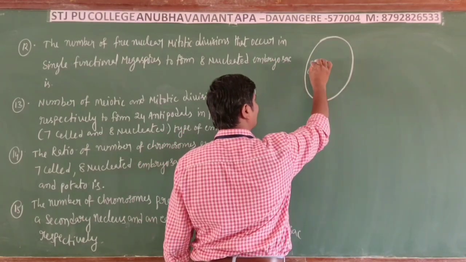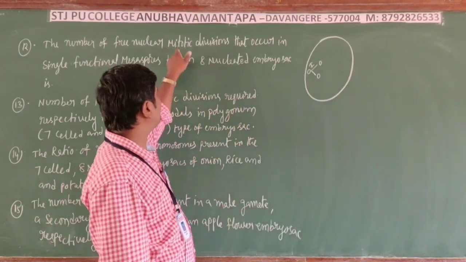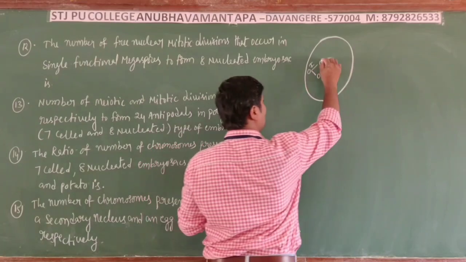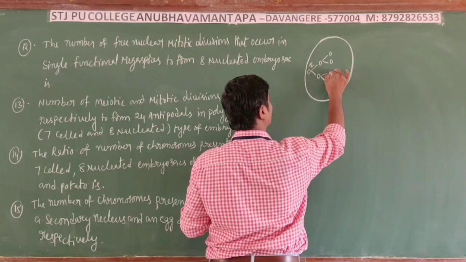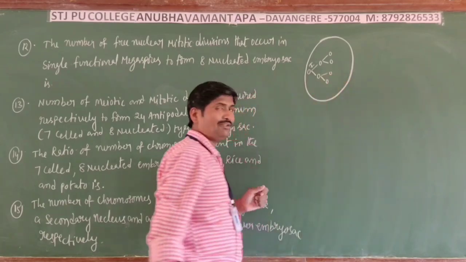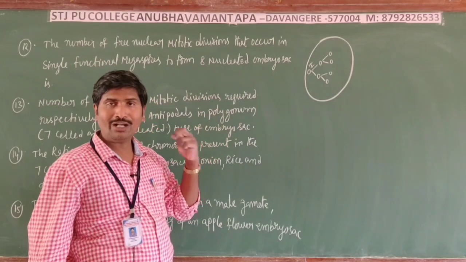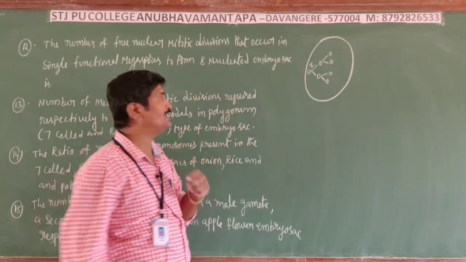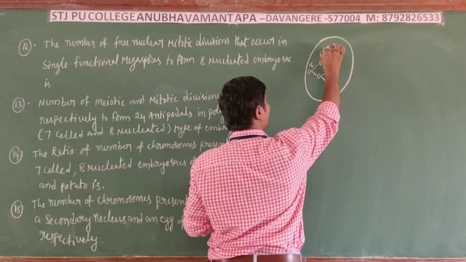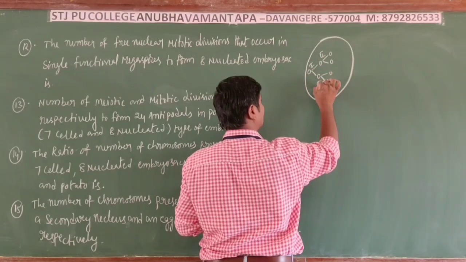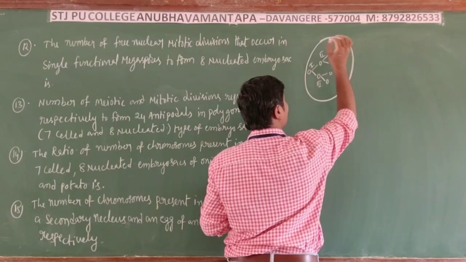It divides into a total of 2 nuclei. This is the first mitotic division. Next, each nucleus is divided into 2 nuclei. In each mitotic cell division, 1 nucleus is divided into 2 nuclei. This is the first nuclear division, second, third. See here, again each nucleus is divided.